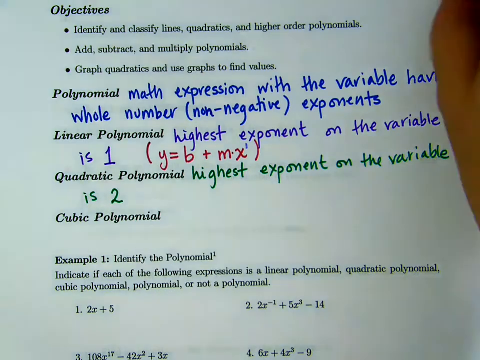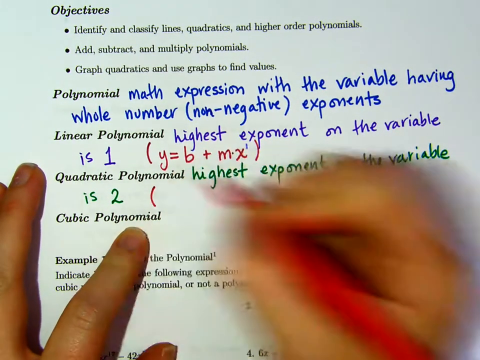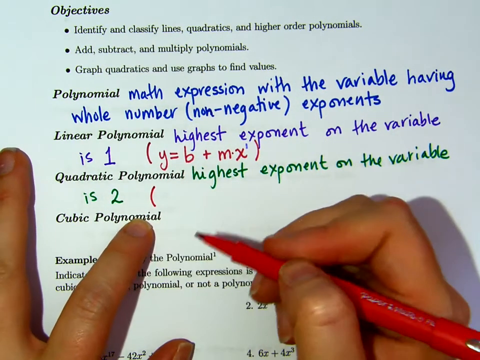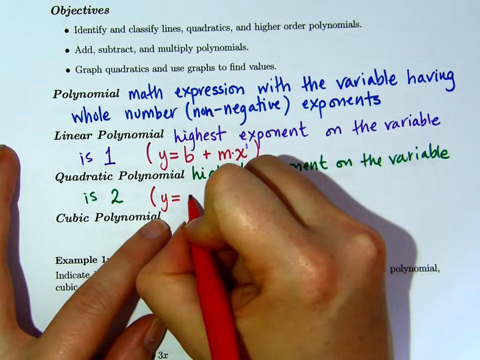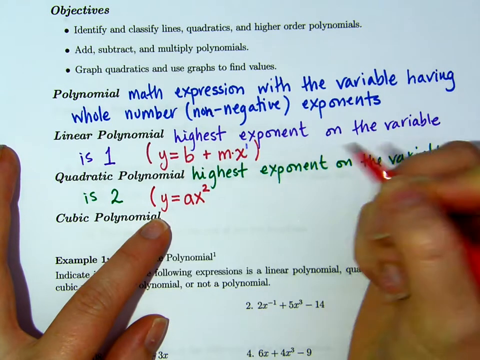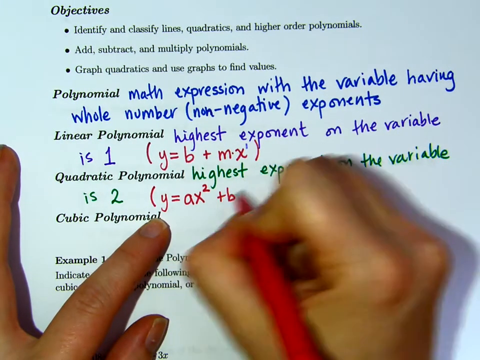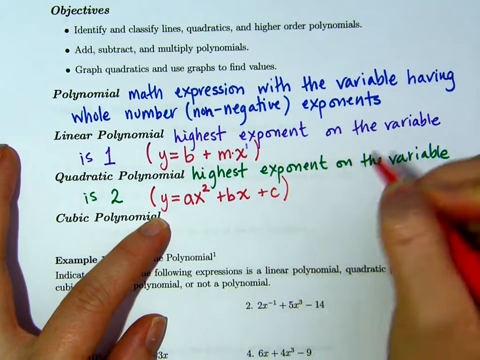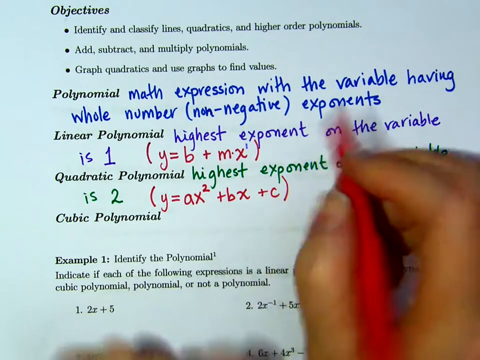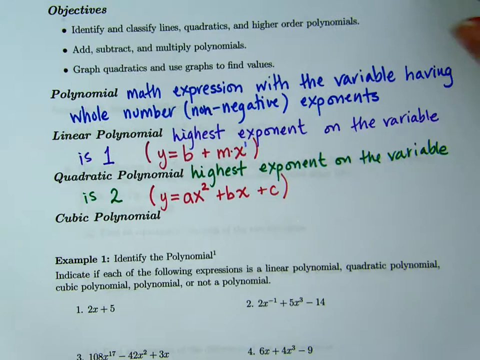Okay, and we know that the general form of a quadratic from section 4.7 is y equals a number of x squareds, b number of x's, plus c, and this would be x to the 0 implied or implicitly.